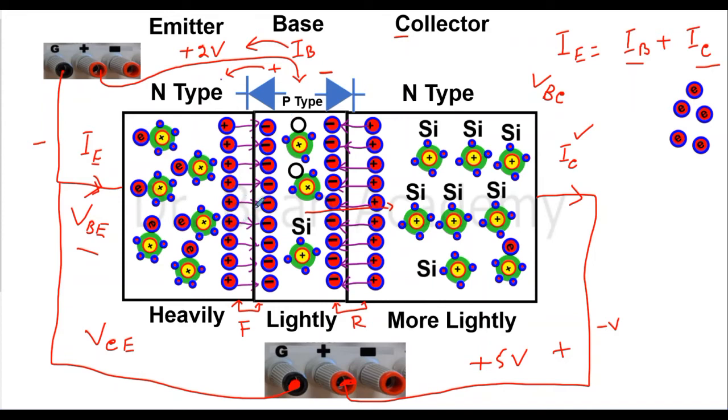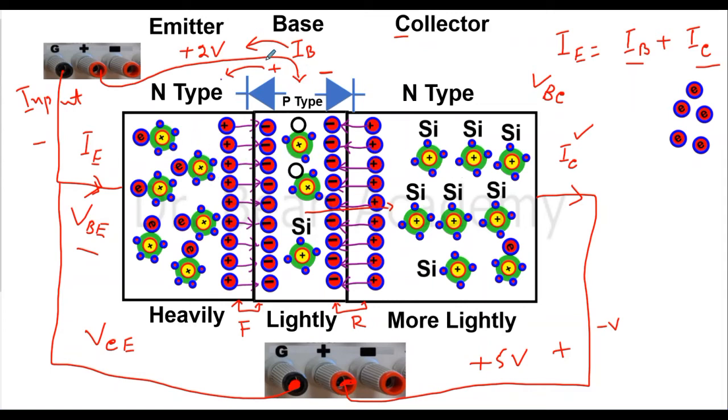So if we want to use this transistor as an amplifier, we will apply the input signal between the base and emitter. So that is our input signal, right? And that input voltage was 2 volts, and then we will get huge current.